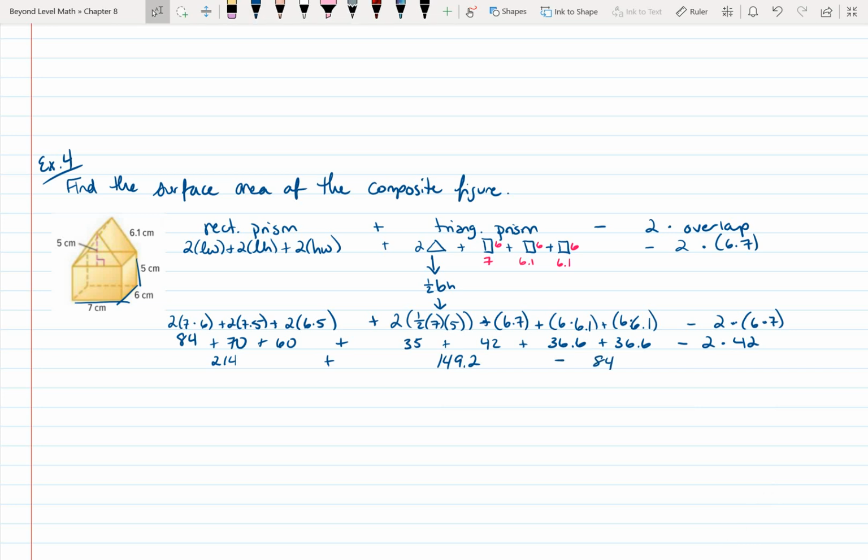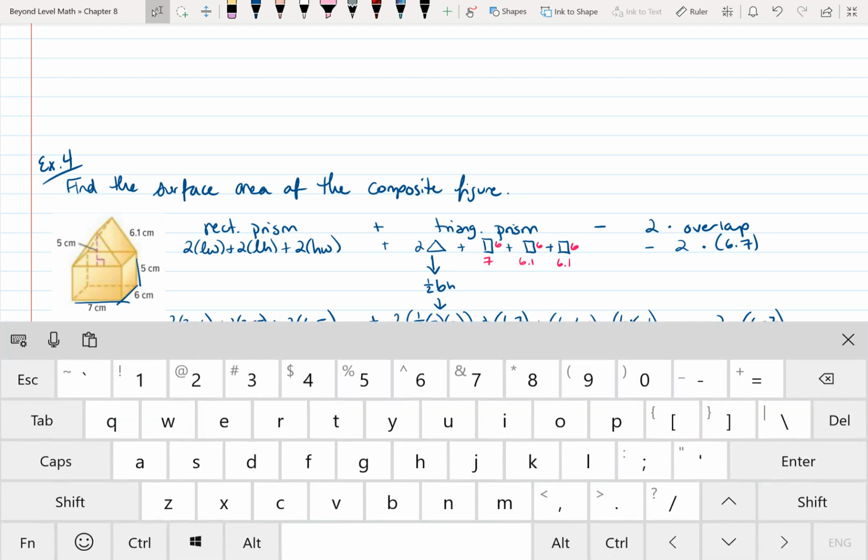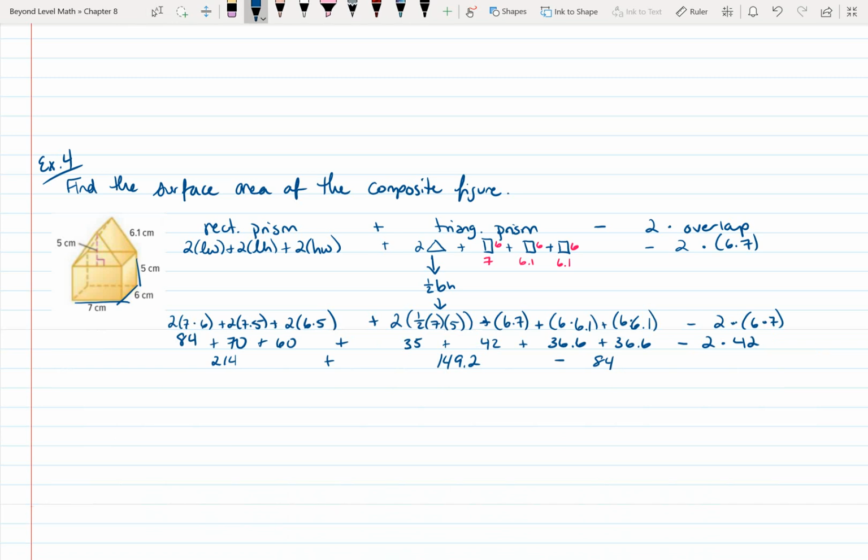Okay, so 149.2 plus 214 gives us 363.2 minus 84.